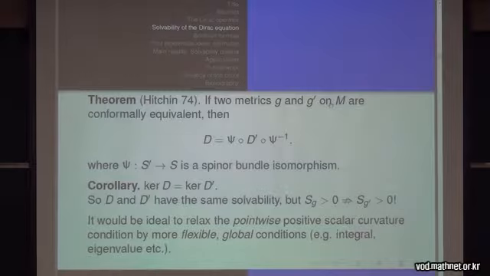So the kernels of D and D prime are the same, so the solvability of D and D prime are the same. But we know that the positivity of scalar curvature is not preserved by conformal transformation. So in general, we want to relax the pointwise scalar curvature condition.